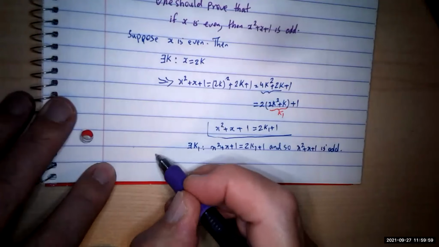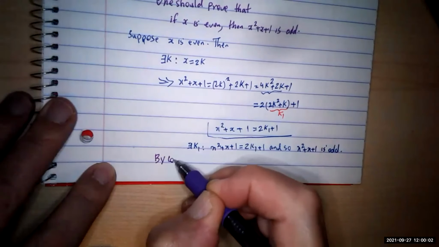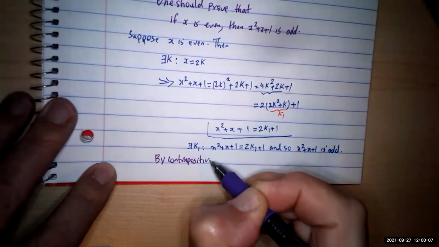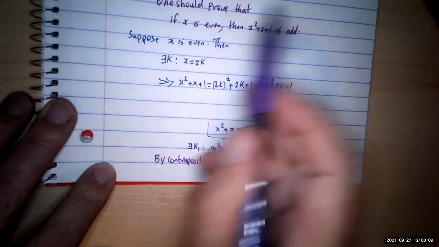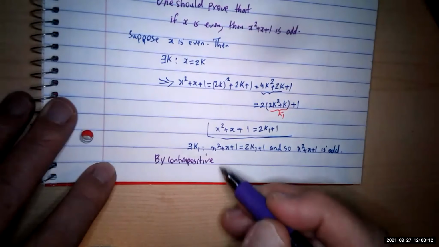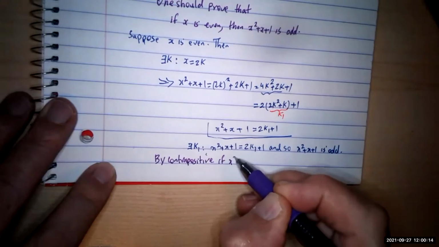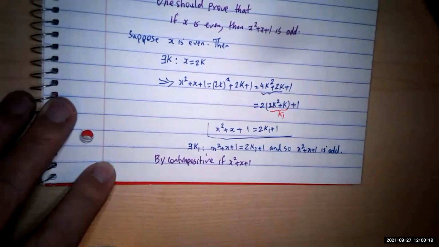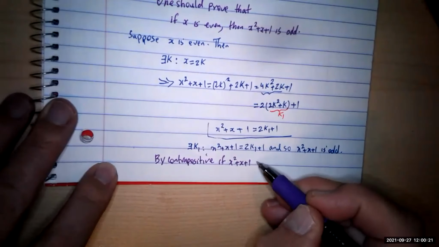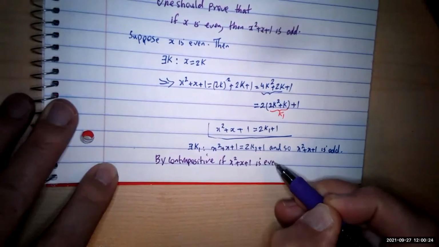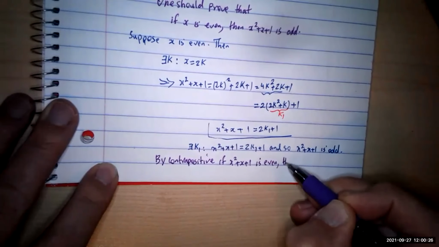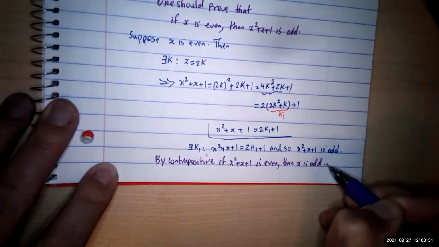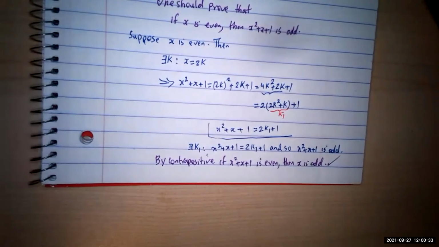You have to end up with it by contrapositive. So by contrapositive, you repeat the expression that you want to prove: if x squared plus x plus 1 is even, then x is odd. And then we're done.